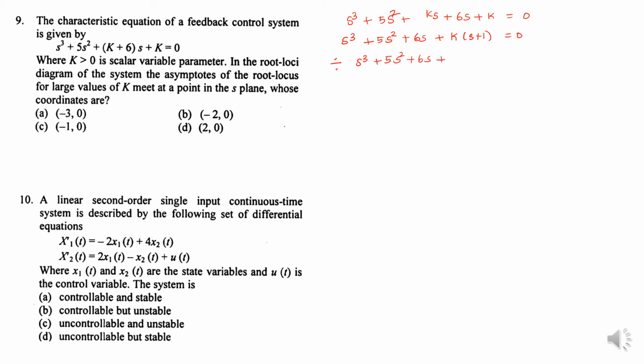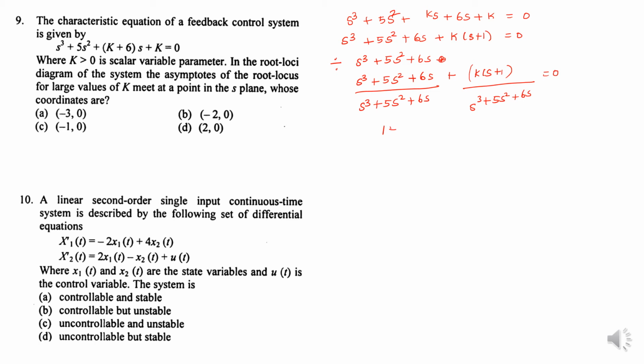So what is the new equation? s cube plus 5s square plus 6s plus k into (s plus 1). I have to divide this, this is the first part and this is the second part. Divide it by s cube plus 5s square plus 6s, and this is divided by s cube plus 5s square plus 6s, equal to 0.